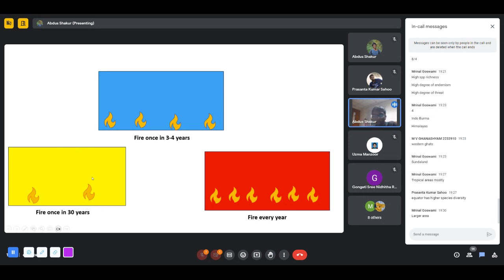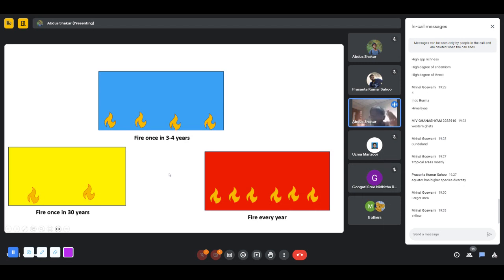If I sample three different areas with different fire regimes, one with fire once in 30 years, one once in 3 to 4 years, one every year, which of these sites, yellow, blue, and red, will I find the highest number of species of plants? Let's say I'm looking at plants, or you can think of any example: birds, insects, mammals, anything.